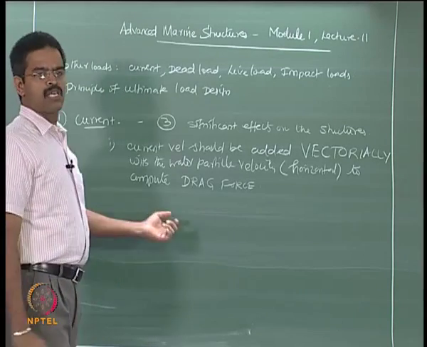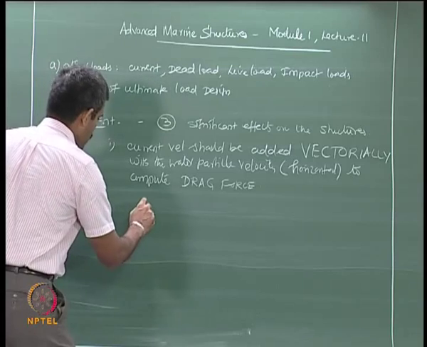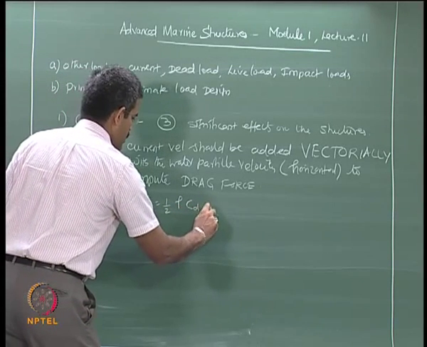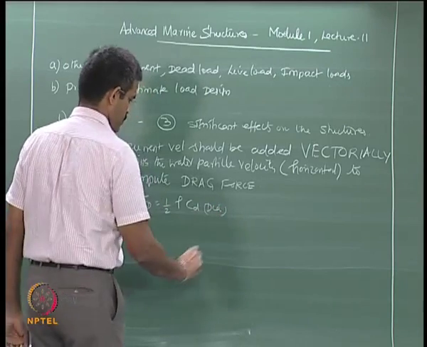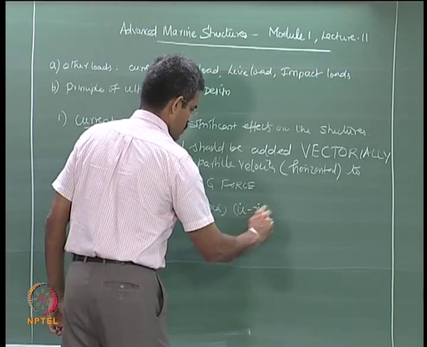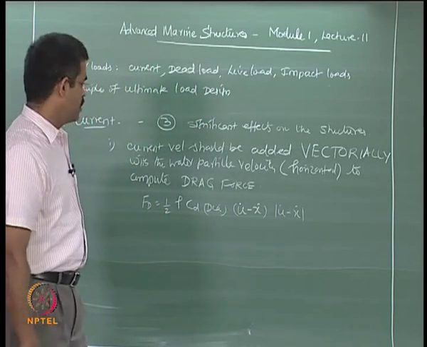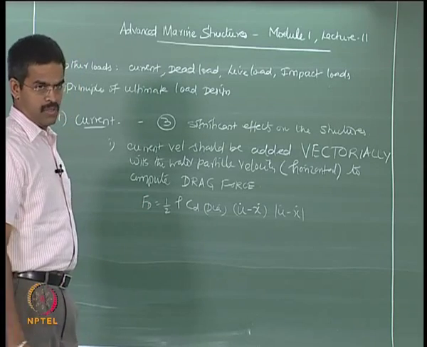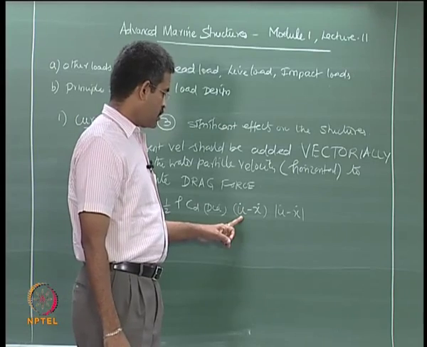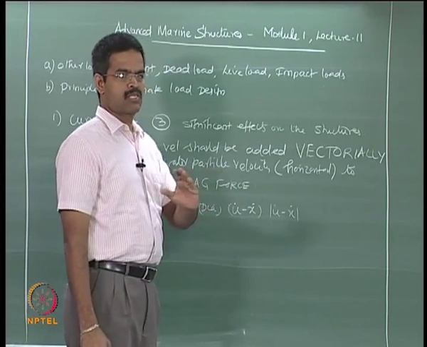If you look at Morrison's equation, which is applicable for slender structures, the drag force in the horizontal direction can be given by half rho CD D (u dot minus x dot) times |u dot minus x dot|, where u dot is the horizontal water particle velocity and x dot is the horizontal structural velocity.